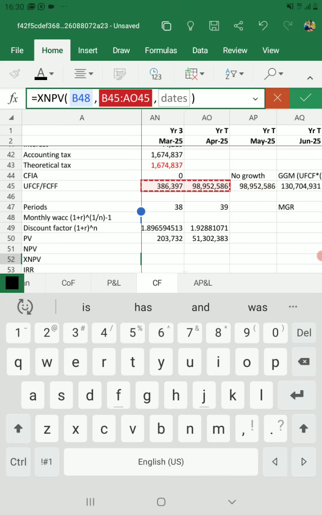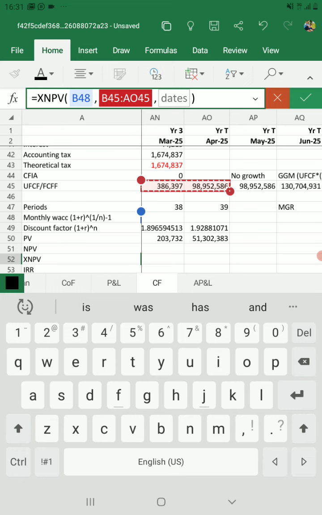Terminal value, which is here. Year T. I wrote period T. I don't see it. Why? Growth. Okay, so this one should be the end. All right.